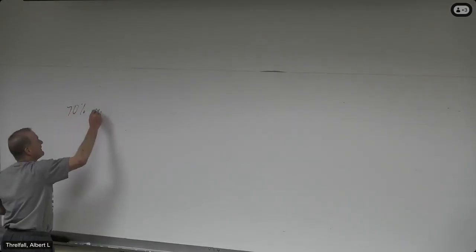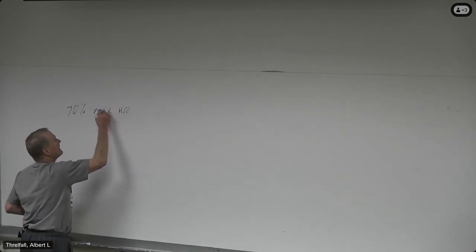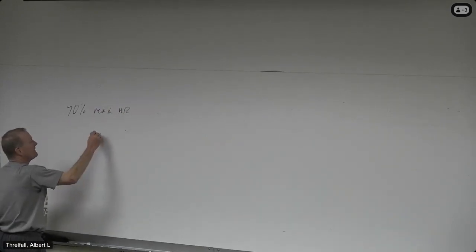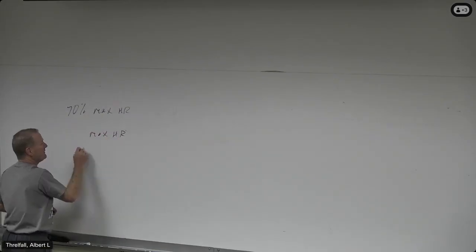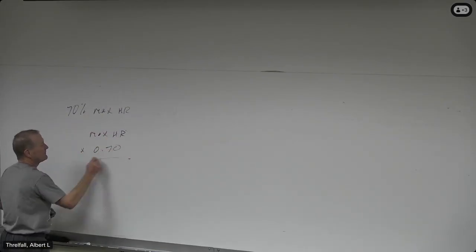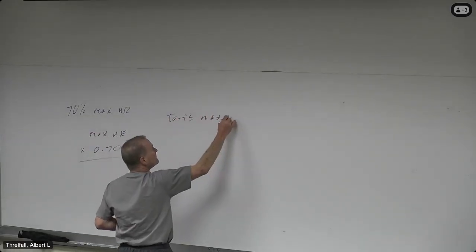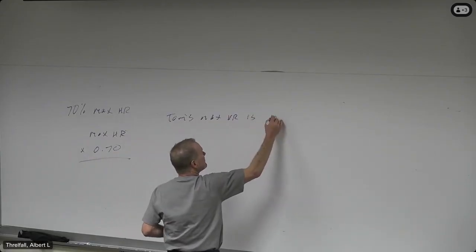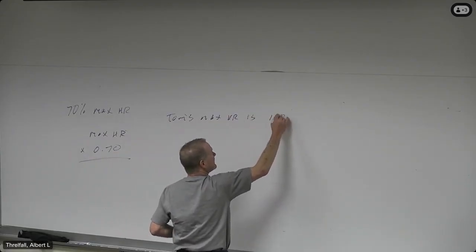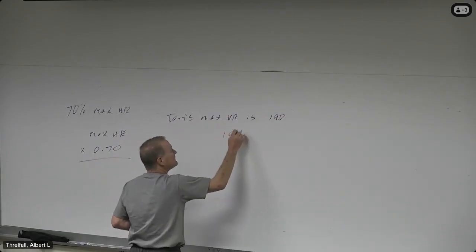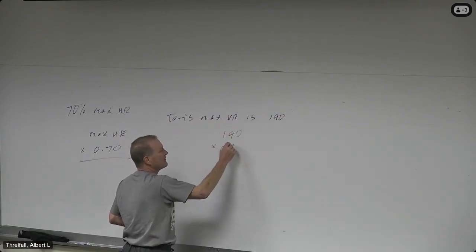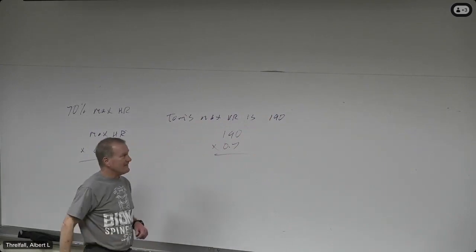So if we're talking about 70% maximum heart rate, you would simply say maximum heart rate times 0.7. So if your maximum heart rate is 190, then 190 times 0.7 would be 70%.